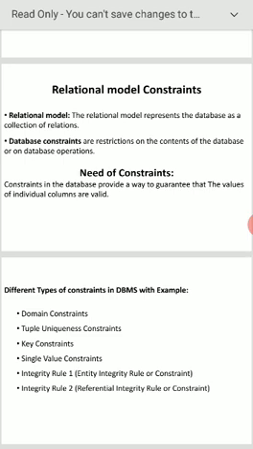Here you can use either primary key, secondary key, candidate key, foreign key. We will discuss later on. What is the purpose of keys? To identify the particular entity within an entity set. This is key constraints.